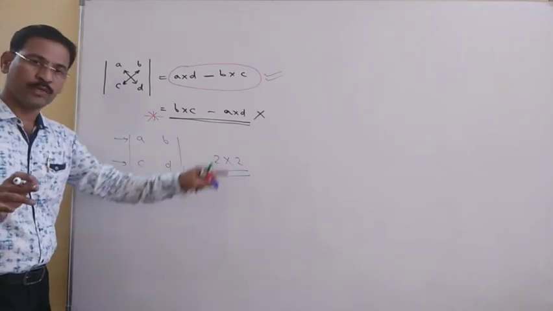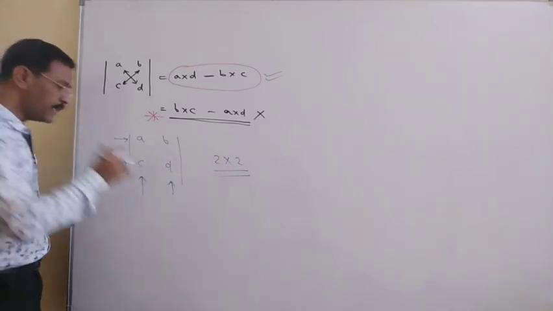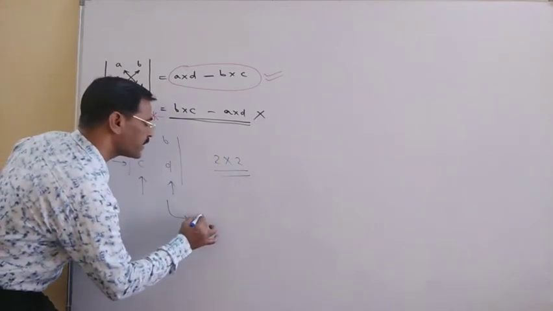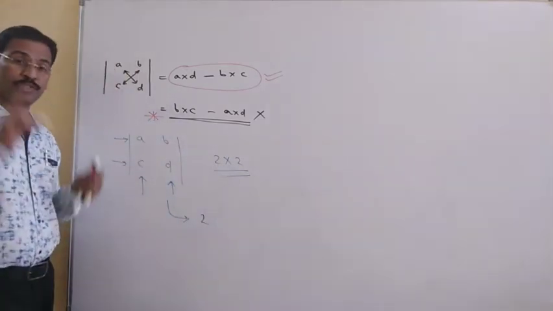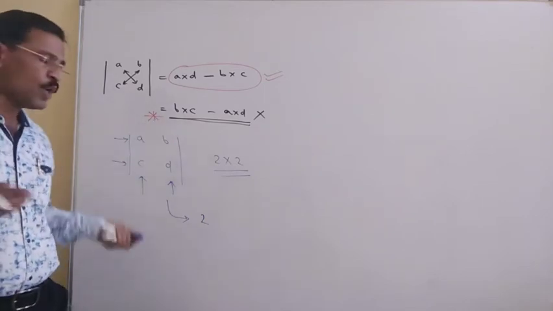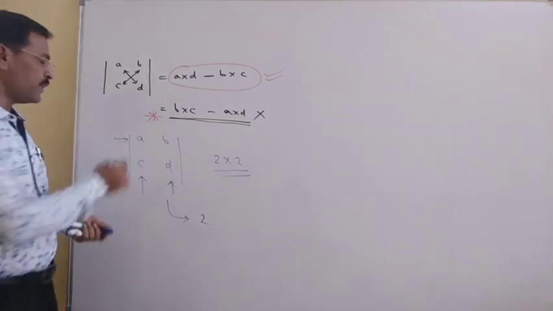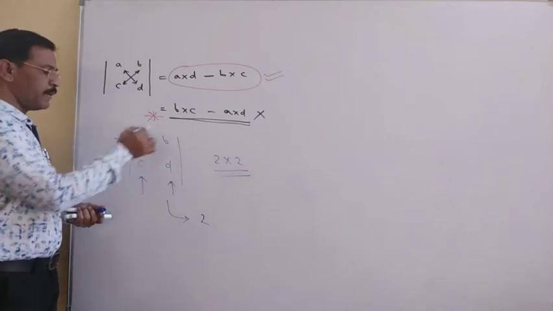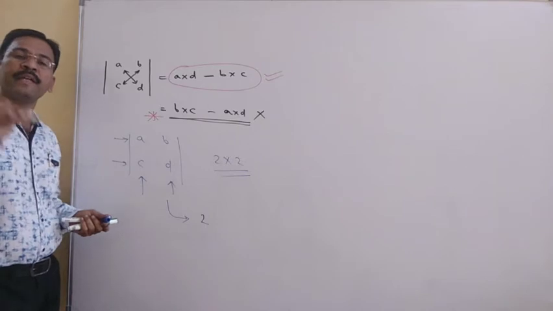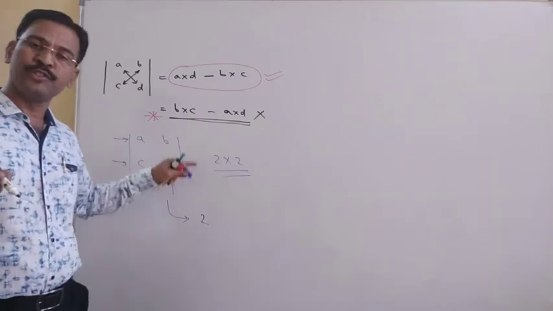That means the degree of this particular determinant is 2. Sometimes in MCQ type questions, they can ask what is the degree of this determinant. At that time, we write that the degree of that determinant is 2.